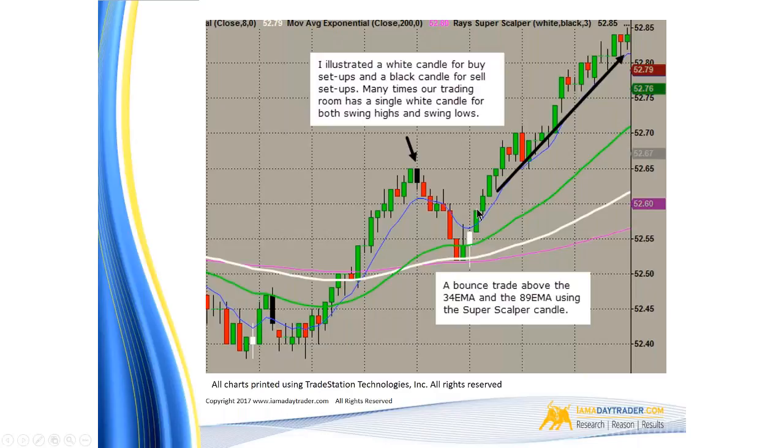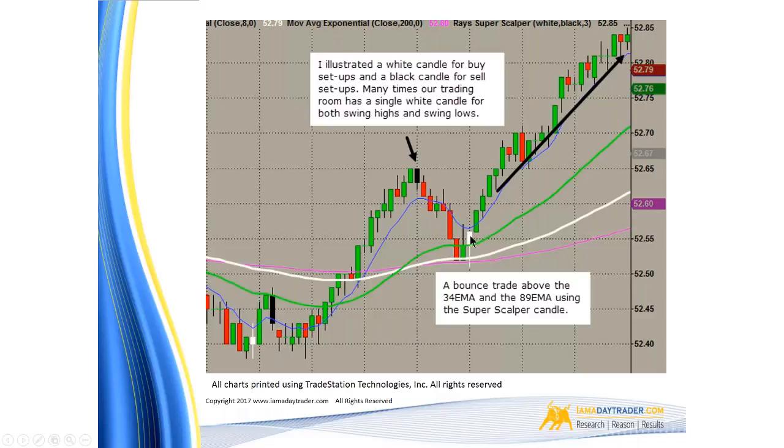Once we have a close above this candle, and then there is one tick above this high, then is when we have the T1 white candle illustrated and painted in the TradeStation platform.